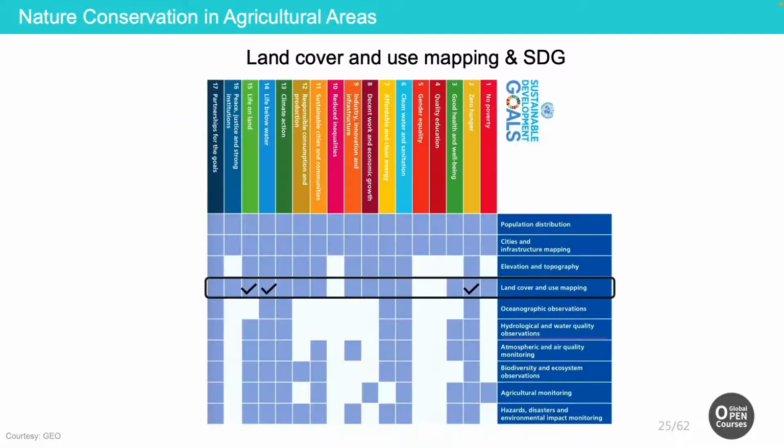Together with the socioeconomic data sets, that can provide lots of information, for example, the distribution of the population and also the land cover land use information. And you can see the land cover land use information not only covers 14 of the SDGs but also covers many of the 3 SDGs that relate to agriculture and biodiversity.